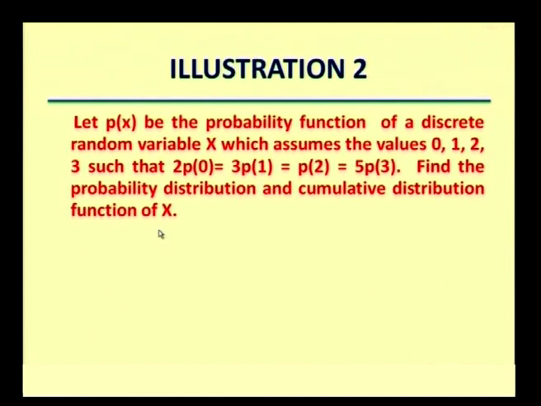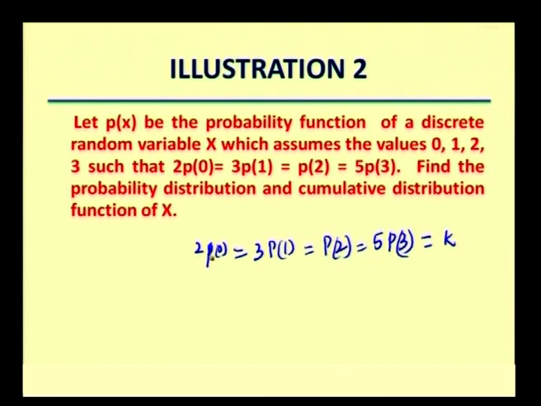Let us see how to find out the cumulative distribution function and probability function for this illustration. So, you are given 2 times P of 0 is equal to 3 times P of 1 is equal to P of 2 is equal to 5 times P of 3. All these can be taken as equal to a constant k.